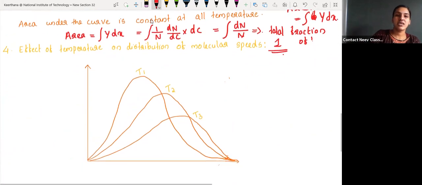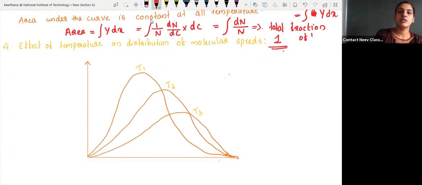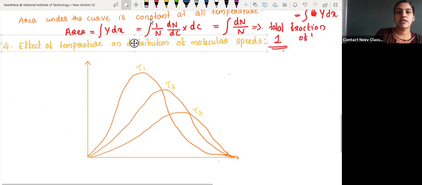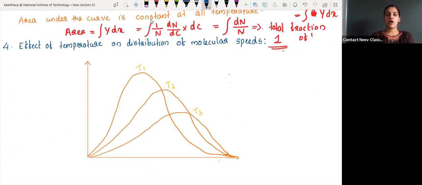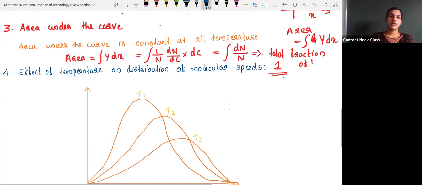And the next one is the effect of temperature on distribution of molecular speeds. By changing temperature, what will happen? That is the question. Actually, we studied that the area under the curve is constant at all temperatures.